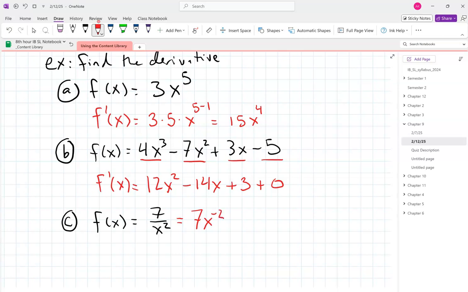So we're going to use a little bit of algebra to rewrite it this way, so it's in the form that we can use our power rule for derivatives. So that becomes negative 14x to the negative 3, because you subtract 1. And then depending on the directions, if they ask for no negative exponents, then you could rewrite it as negative 14 over x cubed. Does that feel okay?